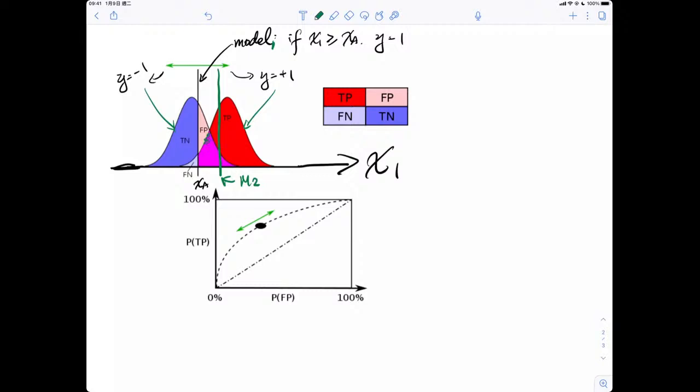However, in this part there is some data which is overlapped. Some of the data is labeled y equals minus 1, but their x1 value right here is larger than xa or even larger than xb.